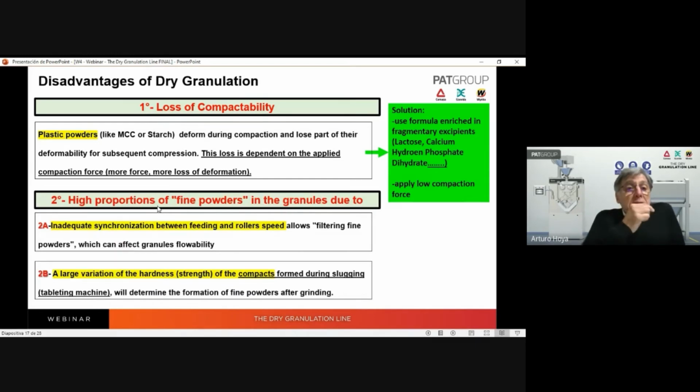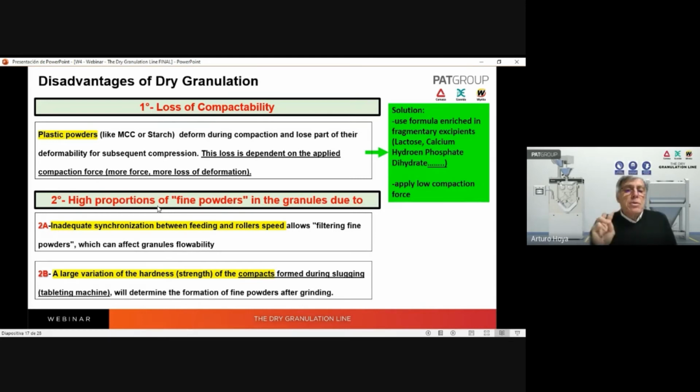The second disadvantage is a high proportion of fine powders in the granules. A high proportion of fine powders in the granules will lead to low flowability, and this is bad news.